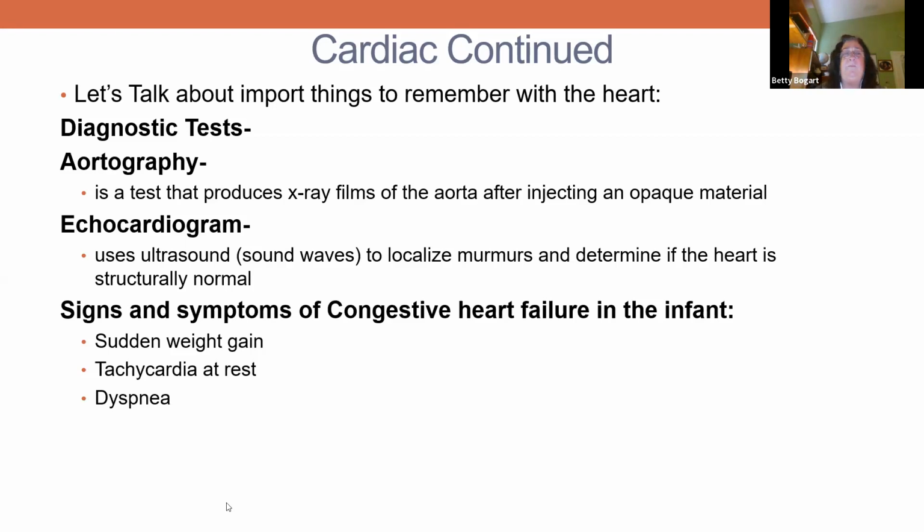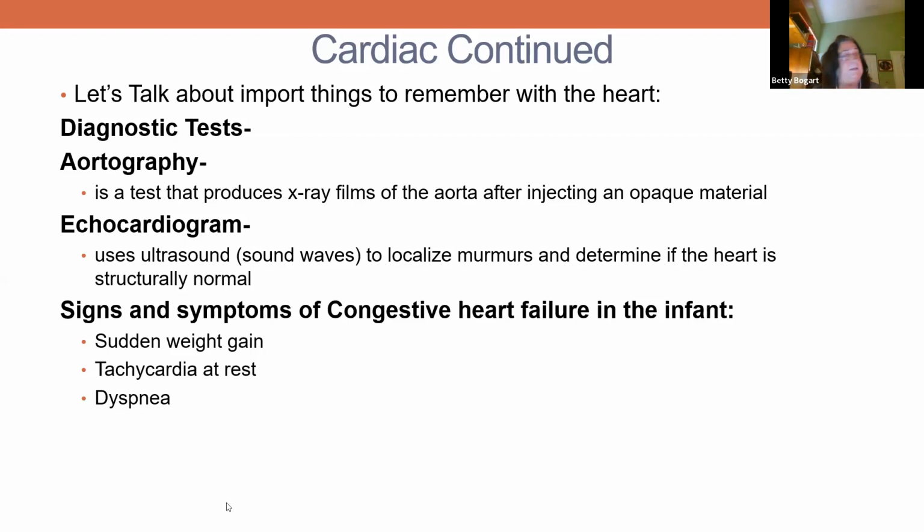And as I said before, congestive heart failure, what do you see? Well, if the heart is congested, it means the blood's going to the area of least resistance, the lungs, and it's filling up with fluid. And the heart's trying to get oxygen to the body, but the fluid is covering up all the space.